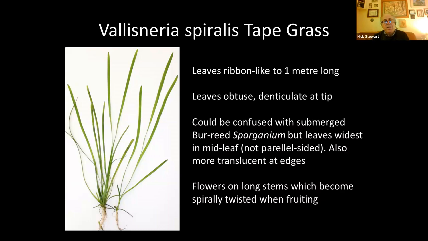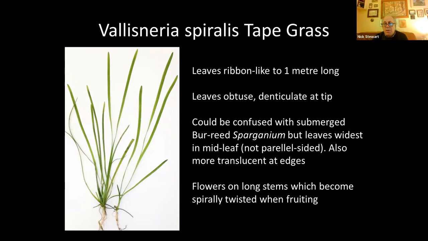The underwater leaves of bur-reeds can look quite similar, and it's got quite a brickwork cell structure, a bit like Sparganium. But Sparganium leaves are always parallel-sided, so you can see that these leaves get wider as you get to the middle of the leaf, and then narrow again at the tip, whereas Sparganium leaves will be parallel-sided all the way up until you get to the absolute tip.